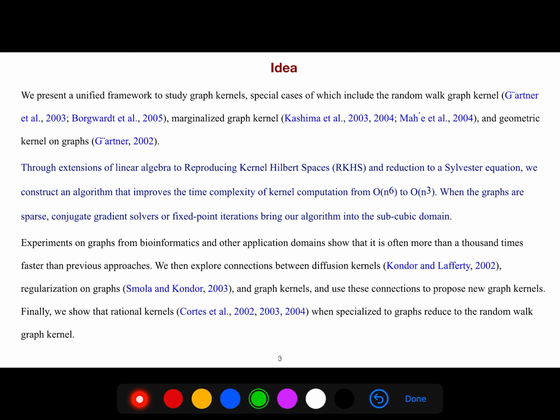For example, what was that graphlet kernel? The graphlet kernel, where you do a dot product between two graphs. For example, F1 is the graphlet vector of one graph, F2 is the graphlet vector of another.